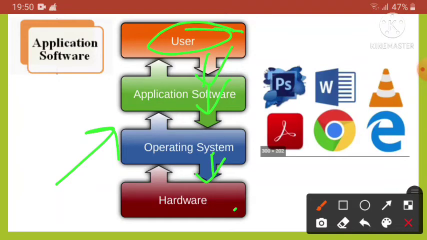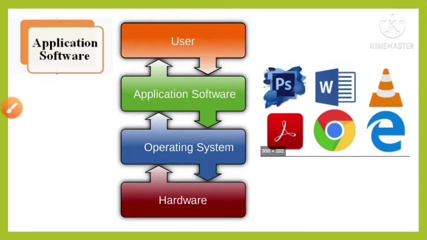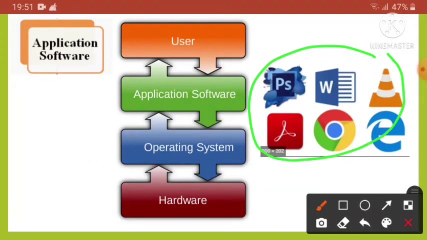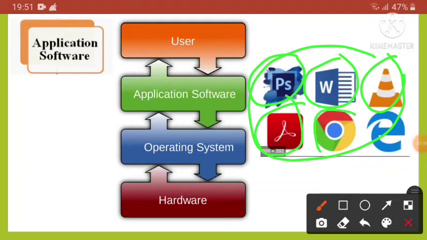So this is the interrelation between user, application software, system software and hardware. Here are examples of application software like Photoshop, MS Word, VLC, Adobe Reader, Google Chrome, and Internet Explorer.